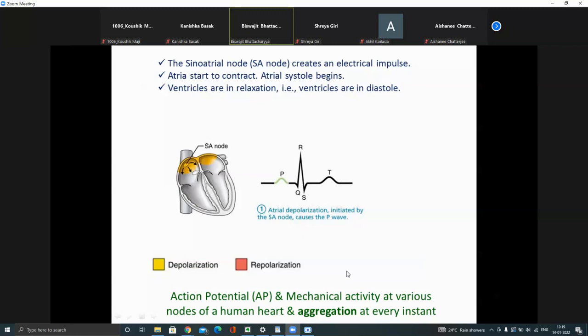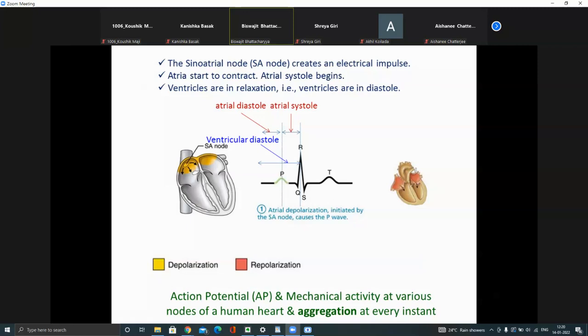Now, this is the region we are getting between P to R, PQR, that region where atrial systole begins and ventricles are in diastole.